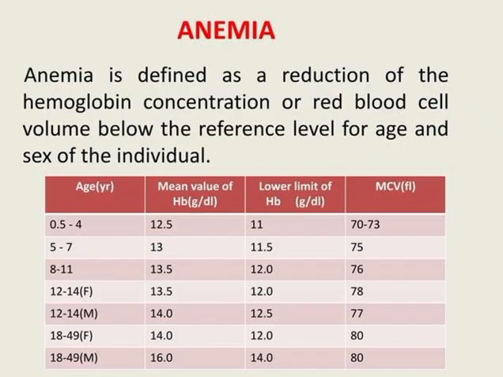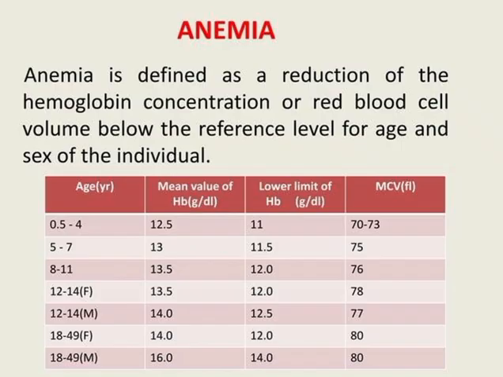In females it is around 12 to 14, with a lower limit of 12, and for males it is around 14, greater than females. When there is any reduction or low level of hemoglobin, the condition is known as anemia.